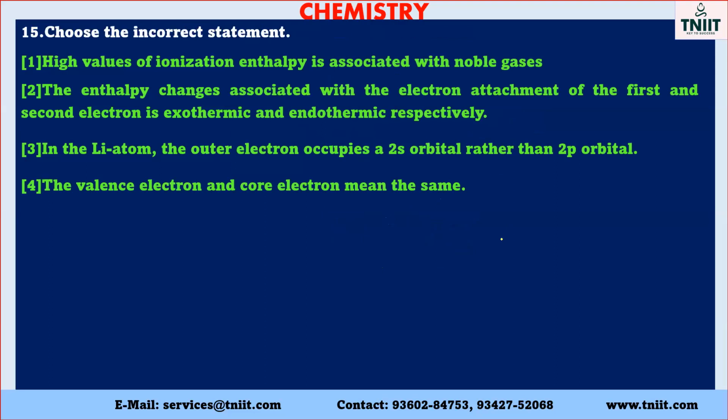The next question, choose the incorrect statement. The high value of ionization enthalpy is associated with noble gases. Yes, noble gases are highly stable, and ionization enthalpy is highest. The enthalpy changes associated with electron attachment of the first and second electron are exothermic and endothermic respectively.